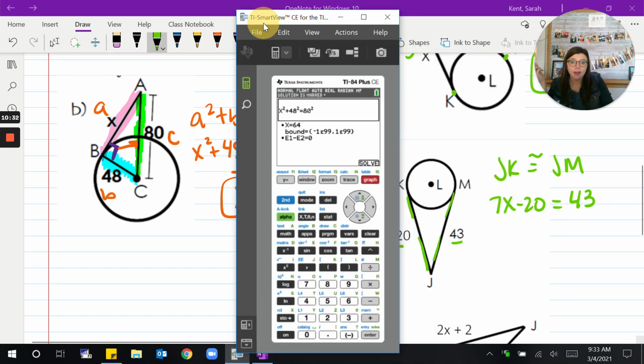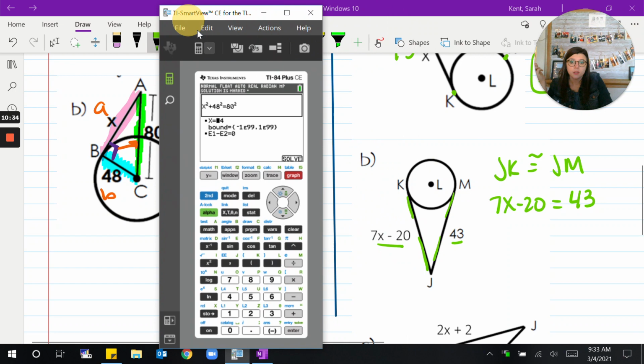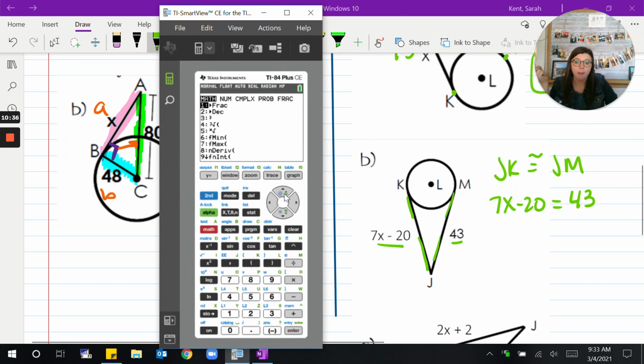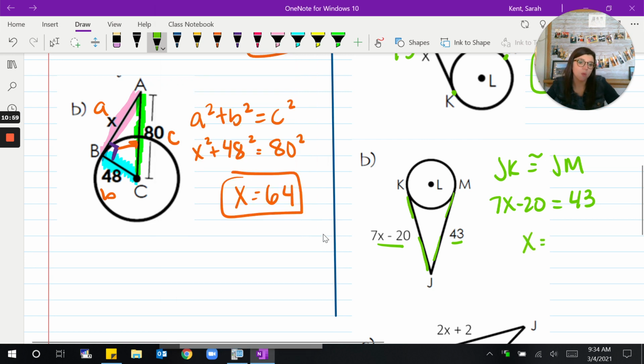I can go back to the numeric solver, so I can go math, up, enter, and this time I'll type in 7x minus 20, and then in E2, I'll type in 43. I press enter, then alpha graph, and we get 9. So here, x equals 9. And that's it.